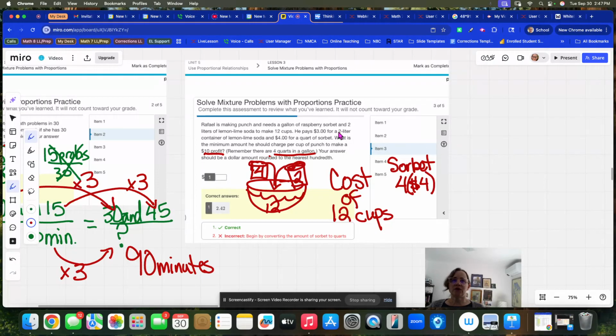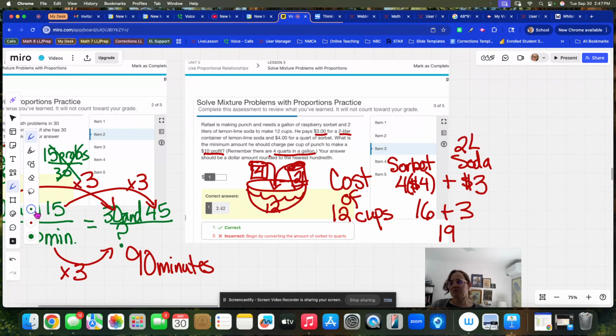All right, then for the soda, let's see, he pays $3 for a 2-liter container, and it looks like we only need 1 of those 2-liter containers, so we're just going to pay $3 for that. All right, this is the 2-liter bottle of soda. So what we get here is $16 plus $3, that's $19.